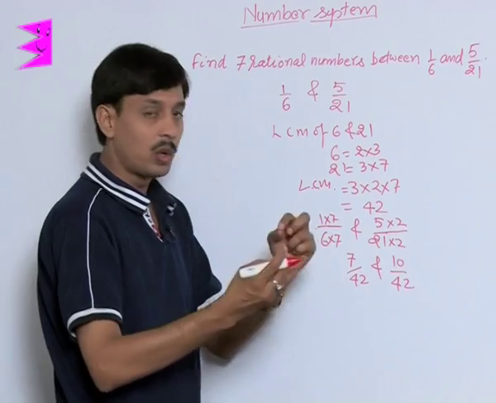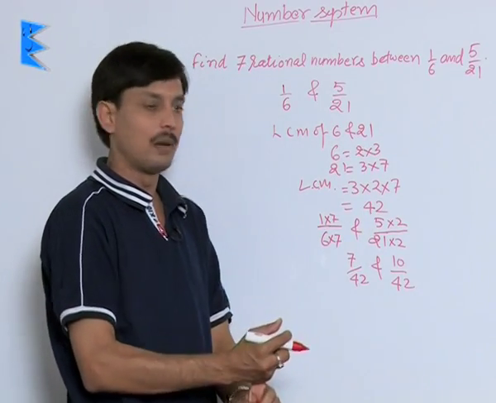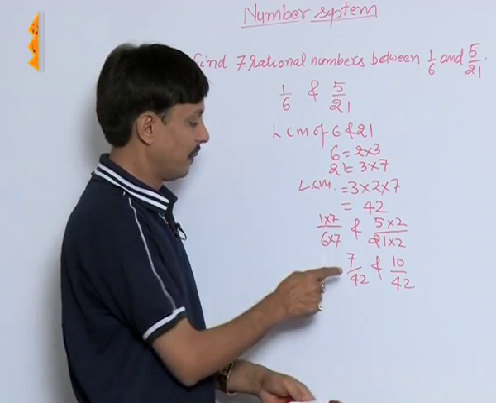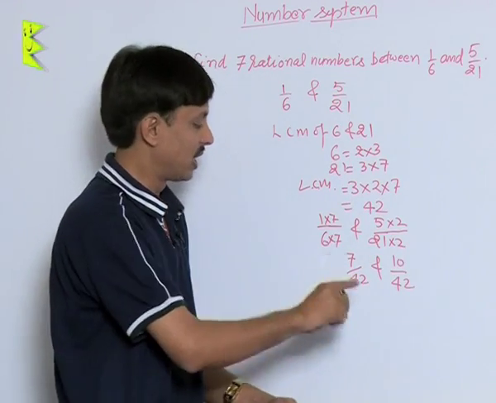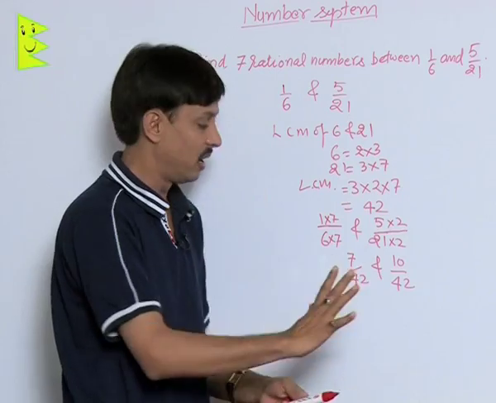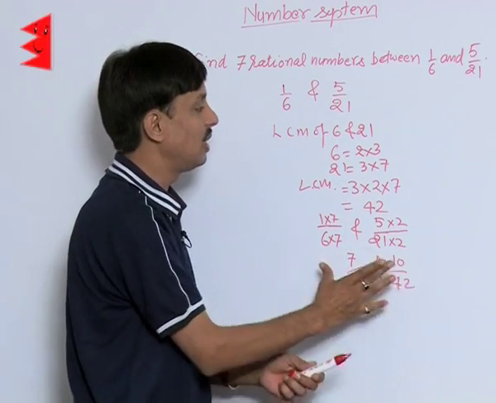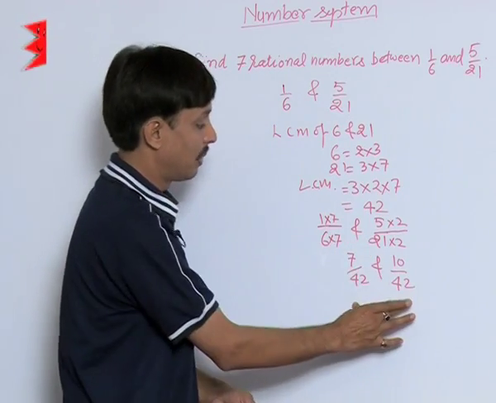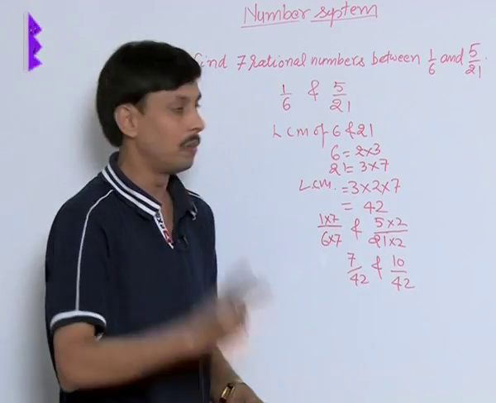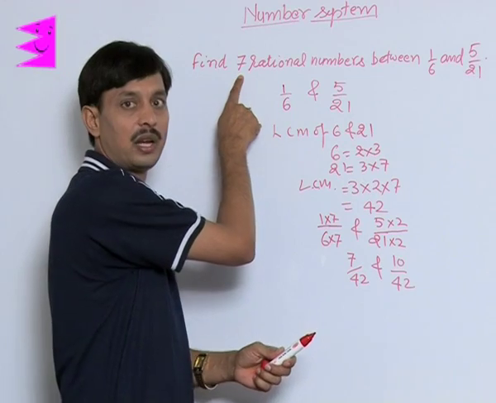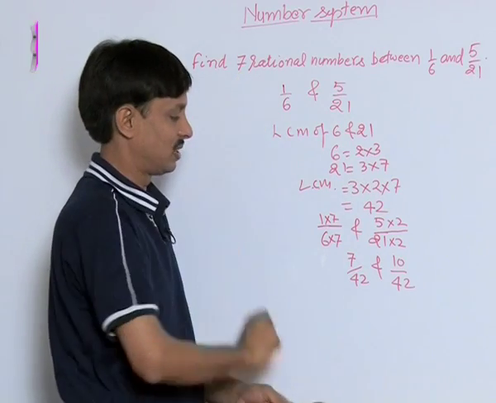If only two rational numbers were required, I can say between 7 by 42 and 10 by 42 there are two numbers, 8 by 42 and 9 by 42, which can be easily written, but I am not interested in calculating only two numbers.